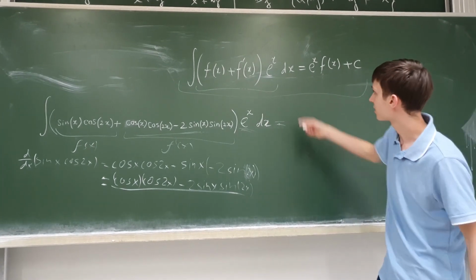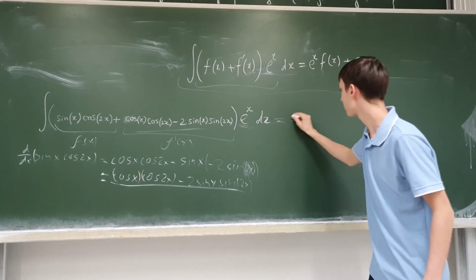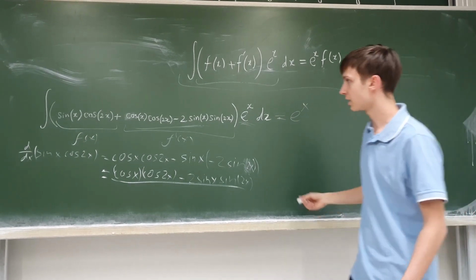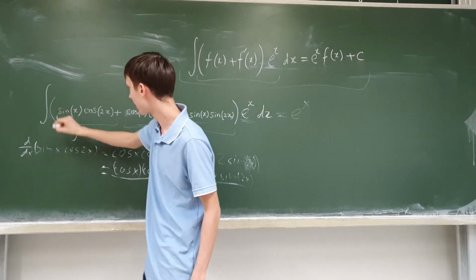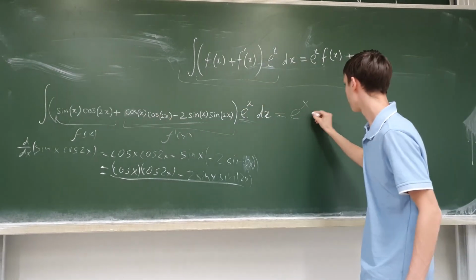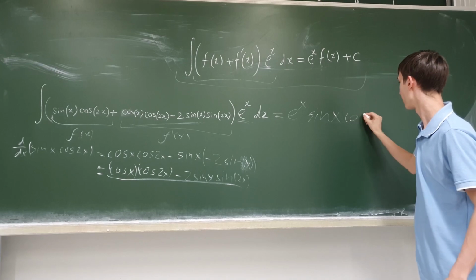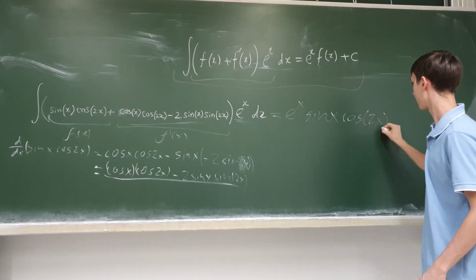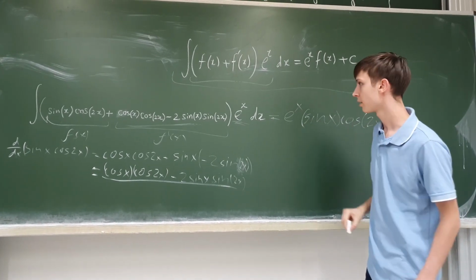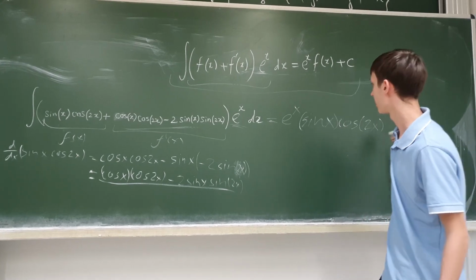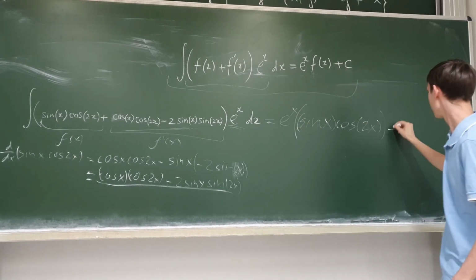So we expected that such an integral will have the solution e to the x times f of x, and the f of x is what was suspected, namely sine x cosine of 2x right here. And that is it, plus c.